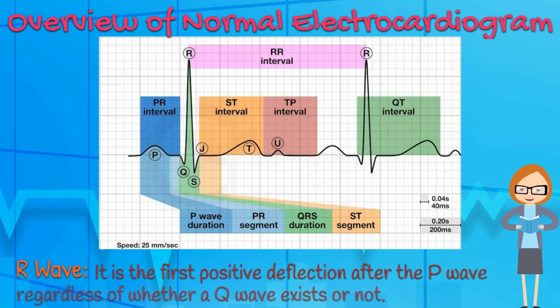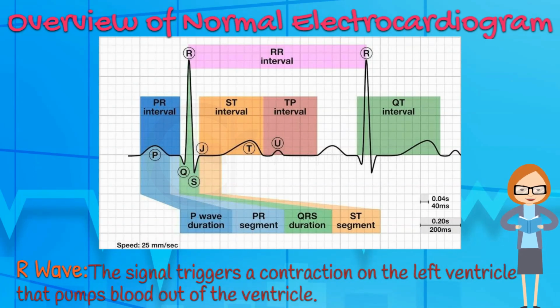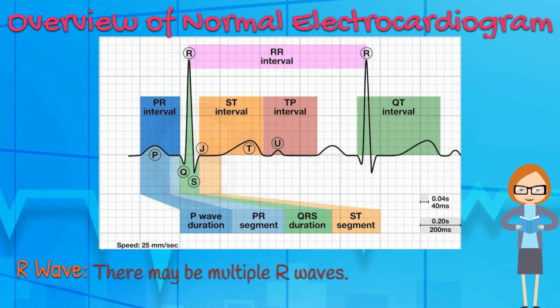R wave is the first positive deflection after the P wave, regardless of whether a Q wave exists or not. The signal triggers a contraction on the left ventricle that pumps blood out of the ventricle. There may be multiple R waves.